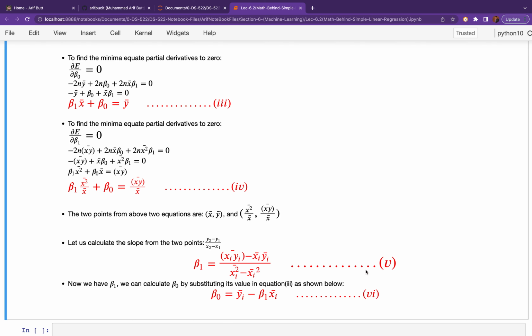So these equations 5 and 6 are the equations that we are going to use to compute the value of the regression coefficients, that is beta naught and beta 1. And we have all the values, that is all the x's and y's we have. We calculate beta 1, and once we have beta 1, we can substitute that value in this equation 6 and get beta 0 as well. Great job done.